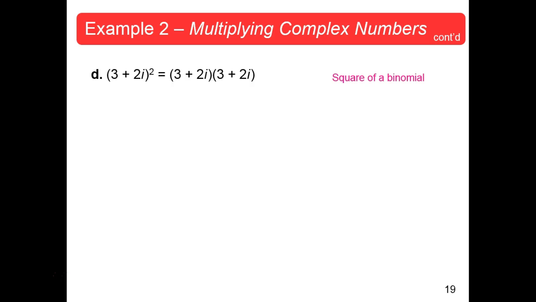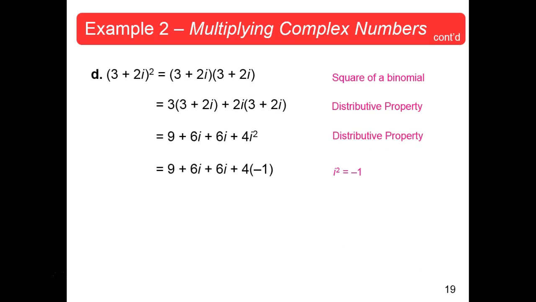That'd be minus 4, right? 9 minus 4 is 5. There's the real part. Now let's do the imaginary part. 6i plus 6i is 12i. So what do we have? 5 plus 12i? Yeah, that's what it is. Pretty straightforward and easy to do. Okay? Finally, they got there. 5 plus 12i.